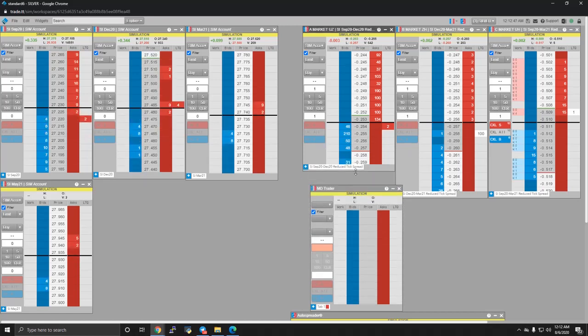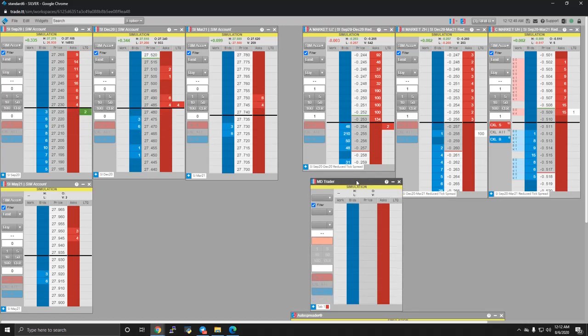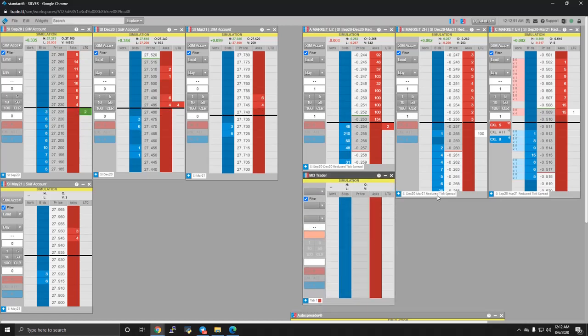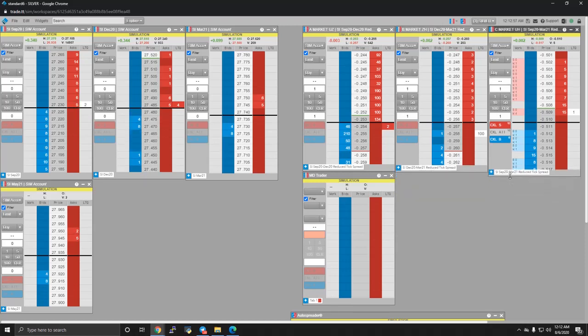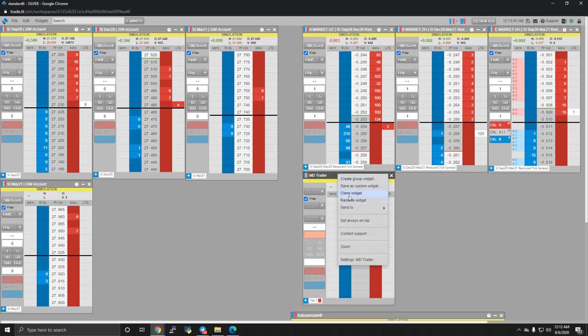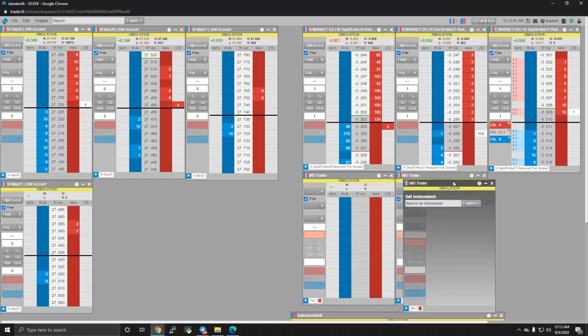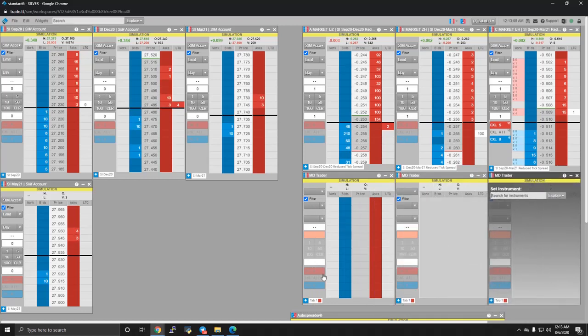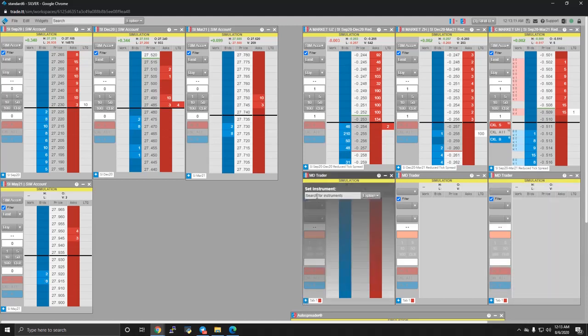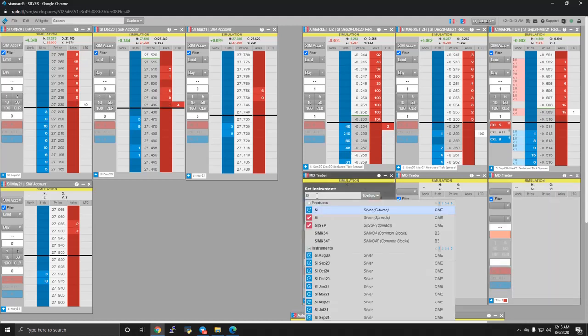Let's just resize these a bit. Okay, and we're going to clone. Now this is going to be our new C market, which is silver, DEC May, that's DEC 2020, May 2021.